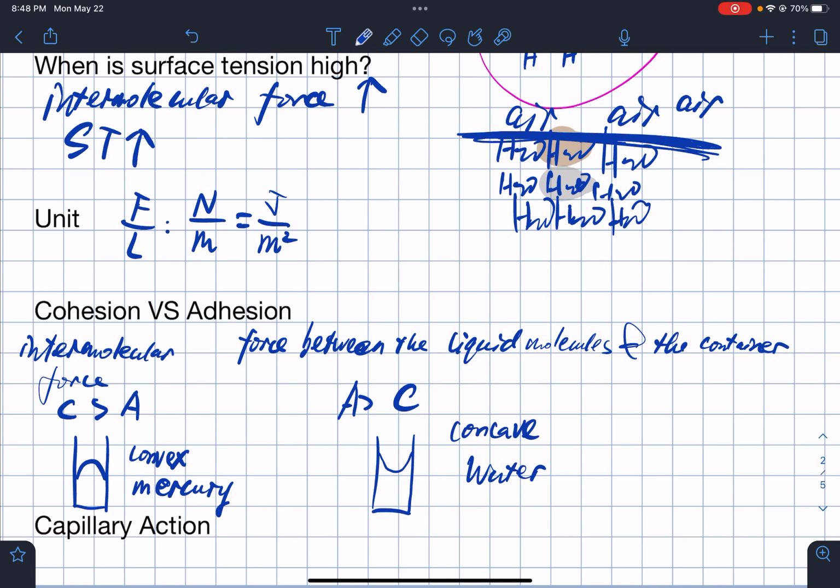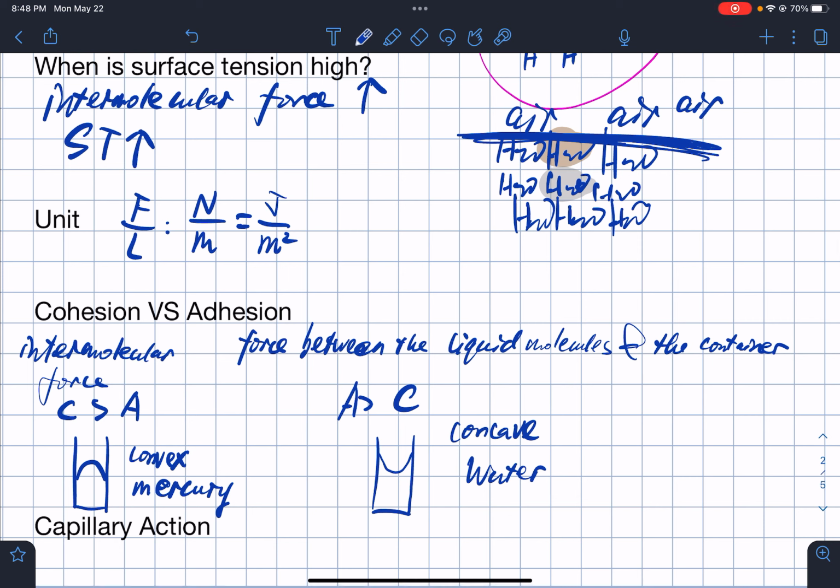Okay, perfect. Now the last idea of this video is capillary action. What causes capillary action? Capillary action is the interplay of adhesion force and surface tension that allows liquid to rise up the tube. Or if you remember the thin layer chromatography experiment you did in OChem 1 lab, you put a piece of paper in a beaker with liquid, and the liquid rises up and shows on your paper.